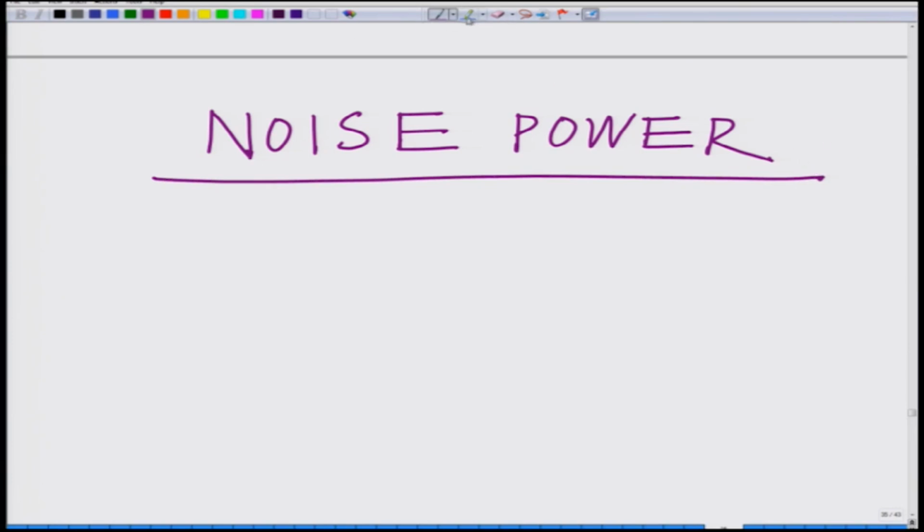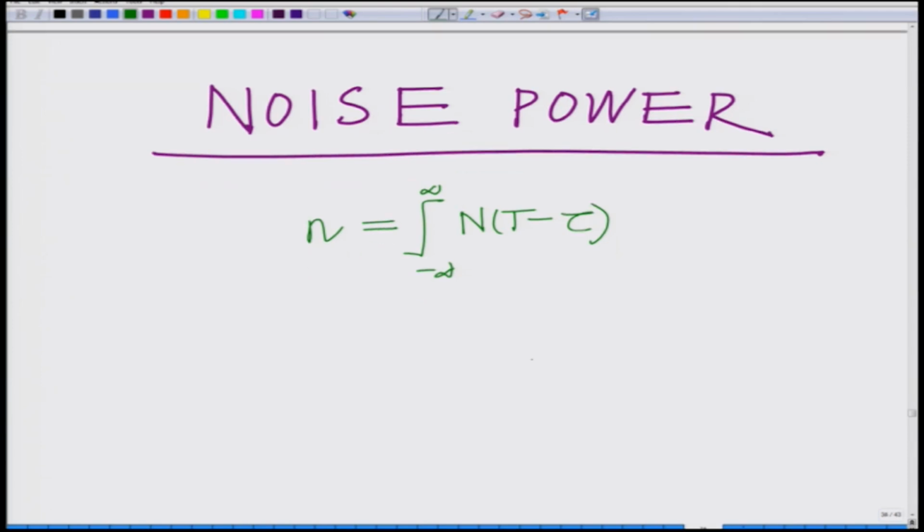Okay. And in this regard, first let us look at the noise n, which is given as the integral from minus infinity to infinity of n(t minus tau) h(tau) d tau. Let me write it exactly using the notation that we have used.